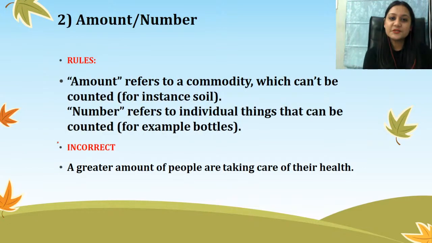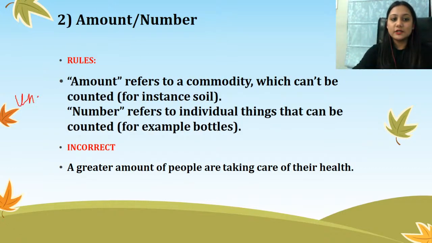Next comes the difference between amount and number. First of all, we'll talk about amount. Amount refers to a commodity which can't be counted, which is uncountable. A simple trick to check whether something is uncountable or countable is to use numbers like 1, 2, 3.